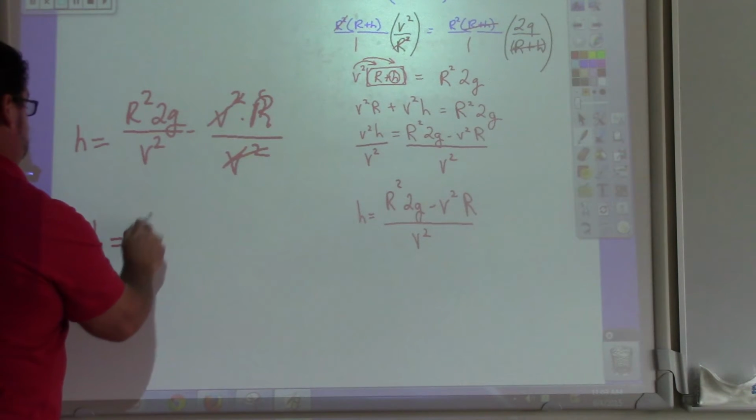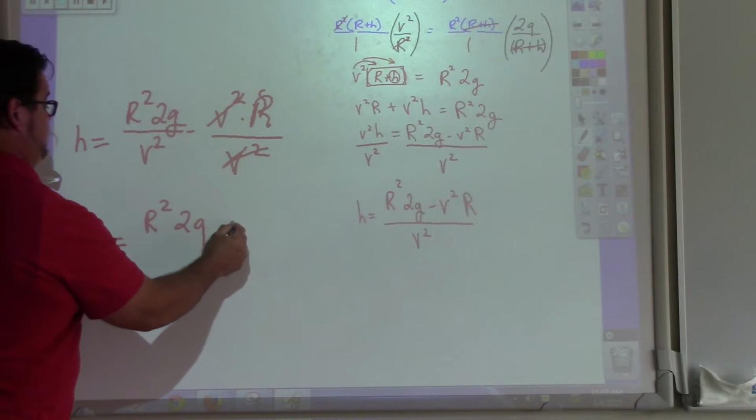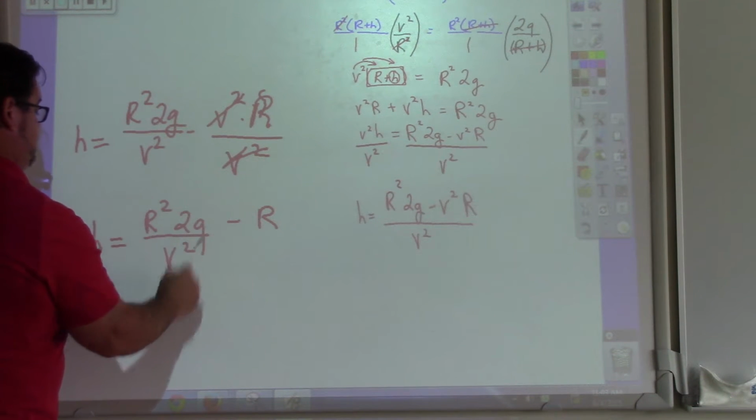H is equal to R squared 2G minus R, all over V squared.